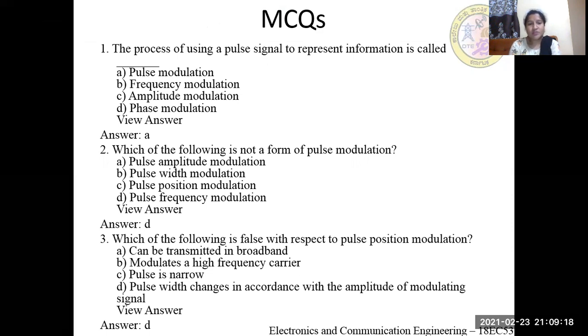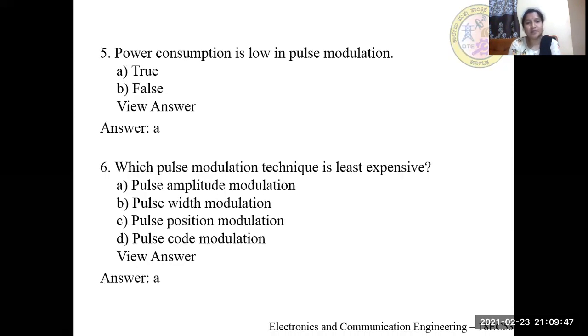Third question: which of the following is false with respect to pulse position modulation? Options: can be transmitted in the broadband, modulates a high frequency carrier, pulse is narrow, pulse width changes in accordance with the amplitude of the modulating signal. The answer is D, pulse width changes in accordance with the amplitude of the modulating signal.